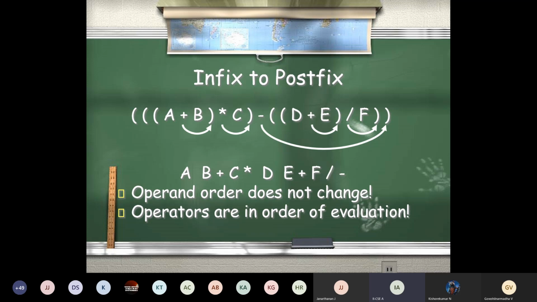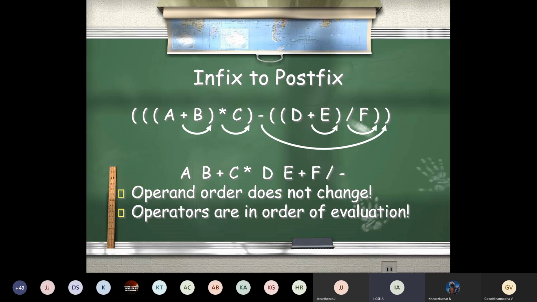And where this minus should go, you just think about, this minus should be evaluated only at the end, after solving a plus b star c and after solving d plus e divided by f. This minus should be done only at the end. Okay, so this should come at the end of your expression, in the last position, because this one will be the last one to be executed.